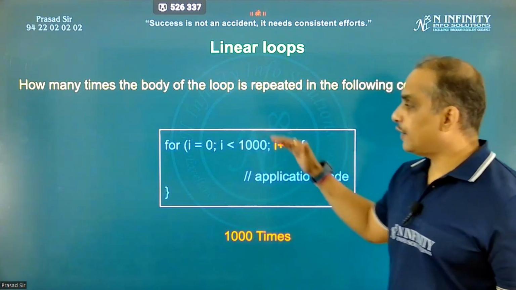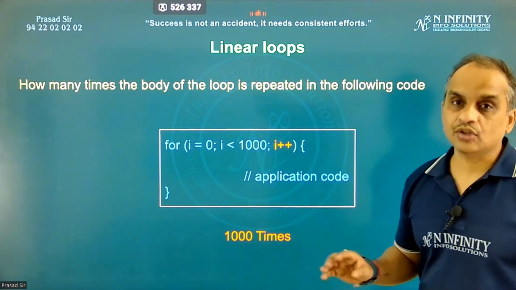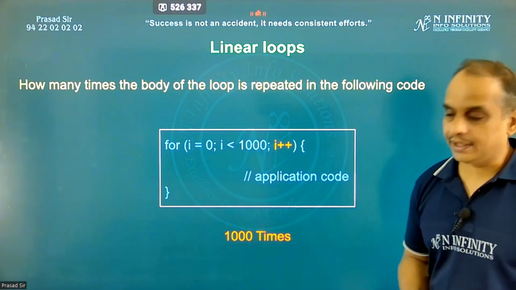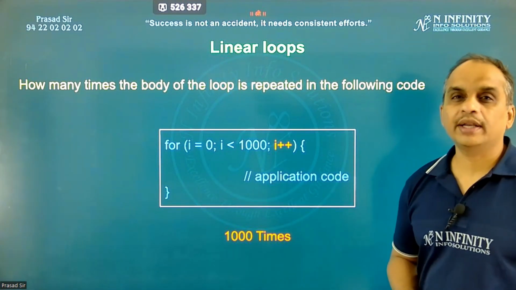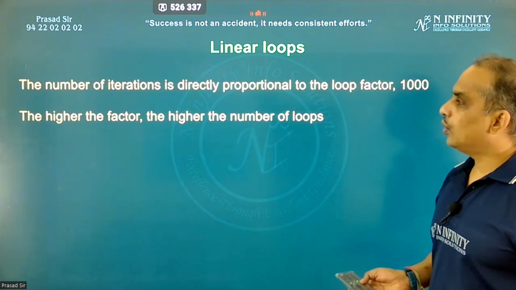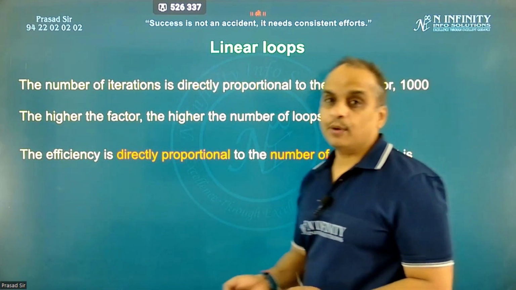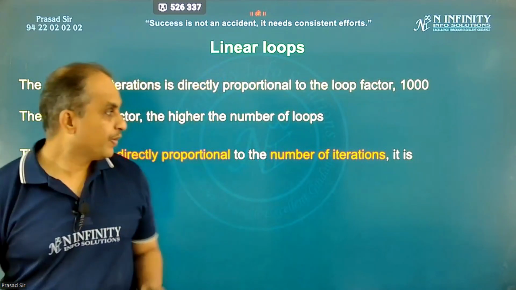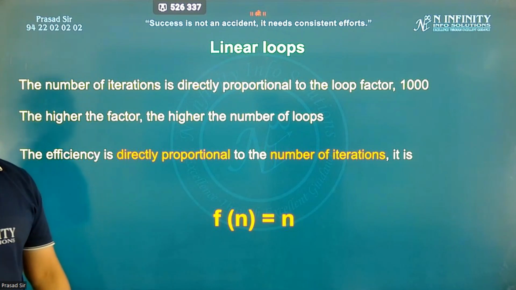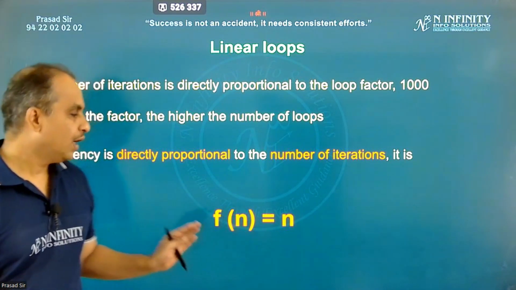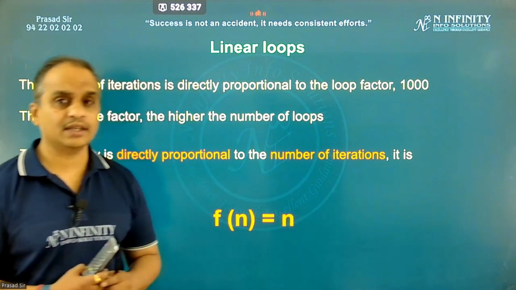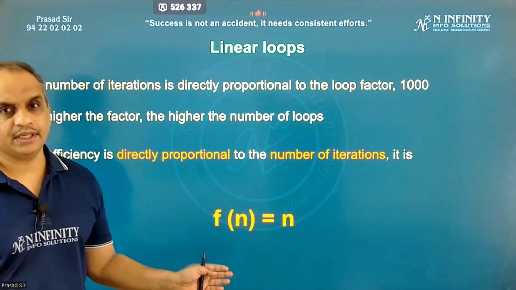And definitely the efficiency of this totally depends on the number of times the loop का code is going to get executed. So I can say it is going to get executed 1000 times. So we can say that it is directly proportional to the number of iterations that this particular loop is going to have. So we can always put this function as f of n is equal to what? n. और हम लोग इस टाइम कॉम्प्लेक्सिटी को कह सकते हैं n टाइम कॉम्प्लेक्सिटी, राइट?